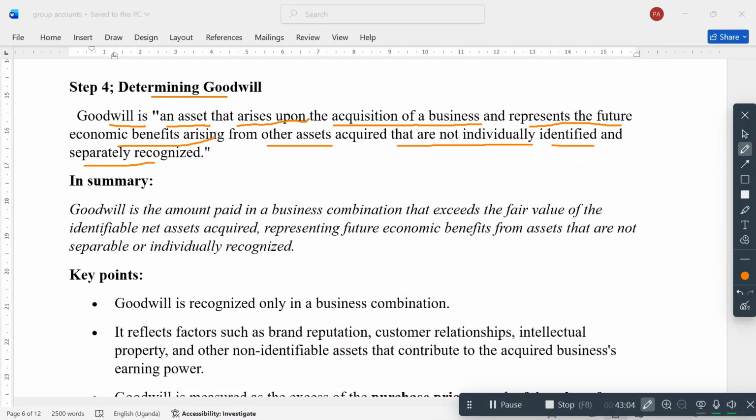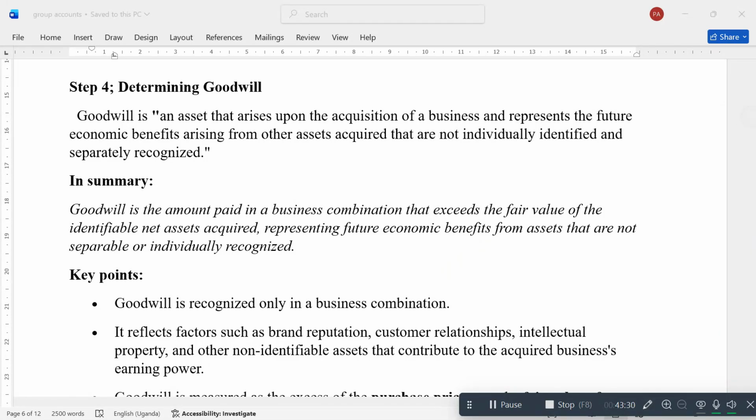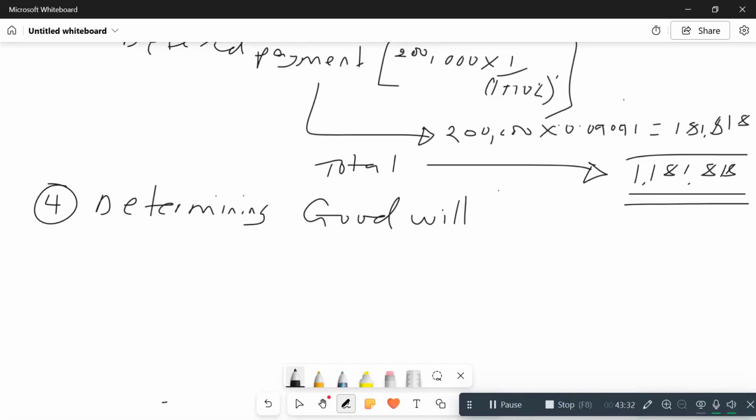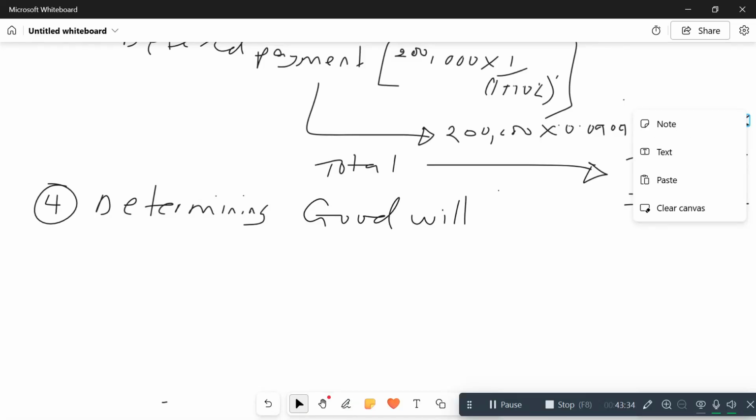For example, think about this. Remember, we are looking at our two things. That is net assets. Under step 2, we looked at consideration. Let me use the purchase consideration so that we can understand. Think about this.